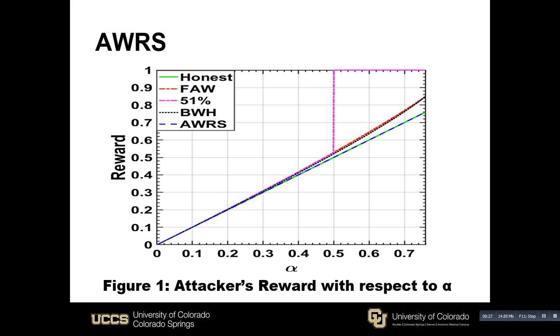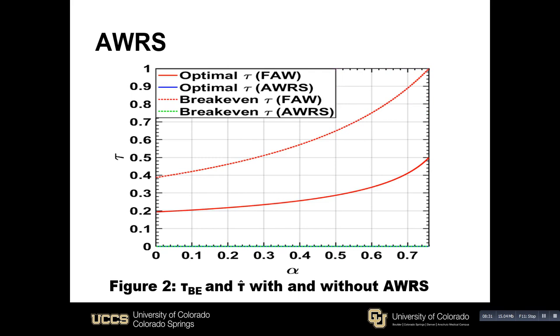Here we have also studied the attacker's tau control between the attacker's main pool and the victim pool. The larger the tau, the greater the infiltration mining power on the victim pool. Those red lines show the optimal tau and break-even tau when AWRS is not enabled.